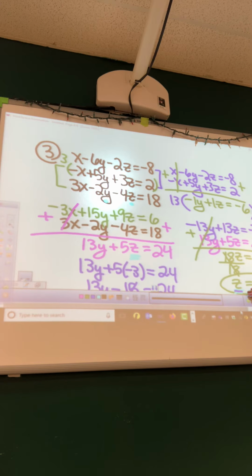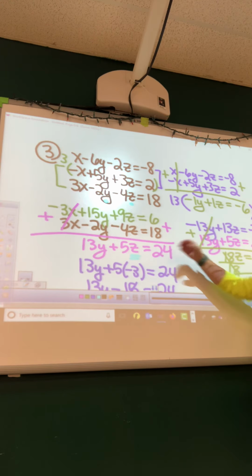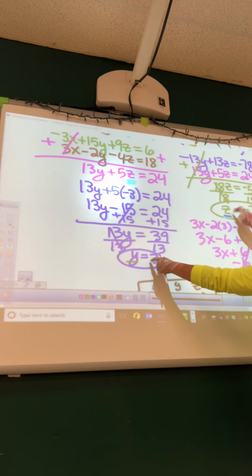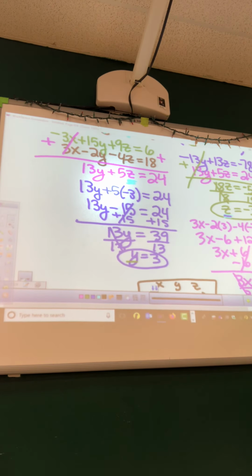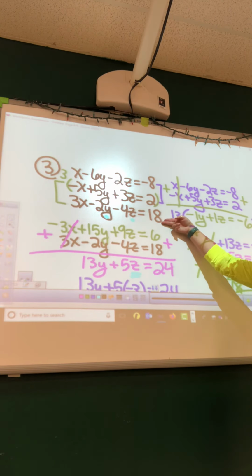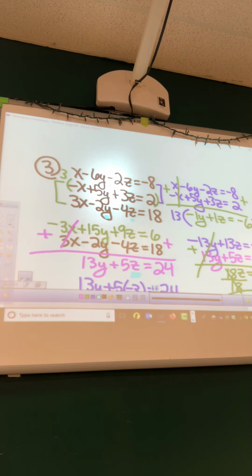Once you get z, you go back into the equations that have 2 variables, so then substitution. Get a second variable. Once we get 2 variables, then we go back and we substitute into one of the original equations to find that 3rd variable. Okay? And once we get that, we have our solution.